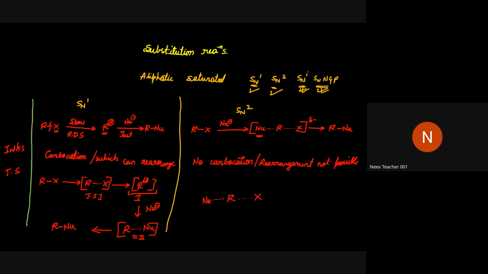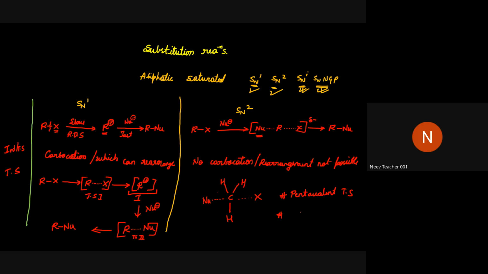If it's a simple carbon, there will be three more groups. Let's assume that it's a carbon. This will be intact, one more H will be there, one more H will be there. So here there is a pentavalent transition state. Is it clear?